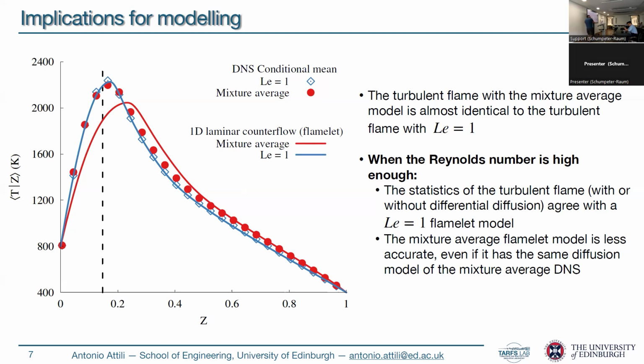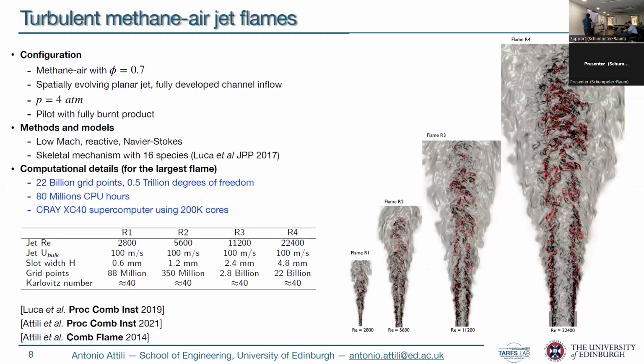If I was using the low Reynolds number case, I would have concluded the opposite, that I should have included differential diffusion in the flame, which would have been the red line, which is a mistake, okay? So that's an example here, right? That using low Reynolds number condition might be inappropriate sometimes, okay?